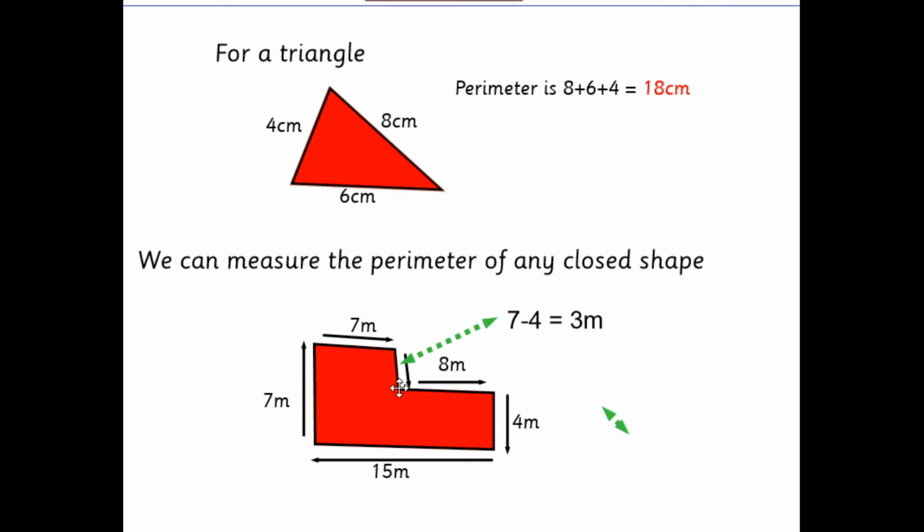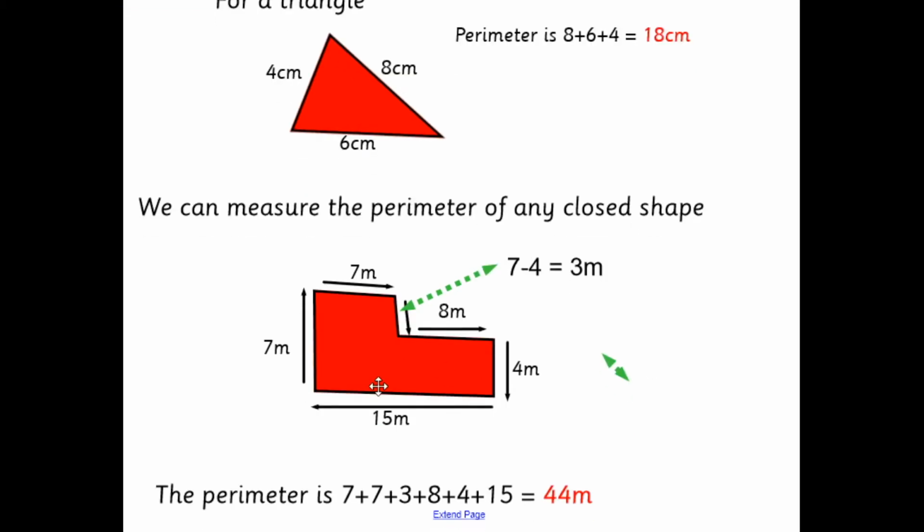So this is 7 minus 4, which is 3. So we can start going round. Start here. We've got 7 plus 7 plus 3 plus 8 plus 4 plus 15 is equal to 44 meters.